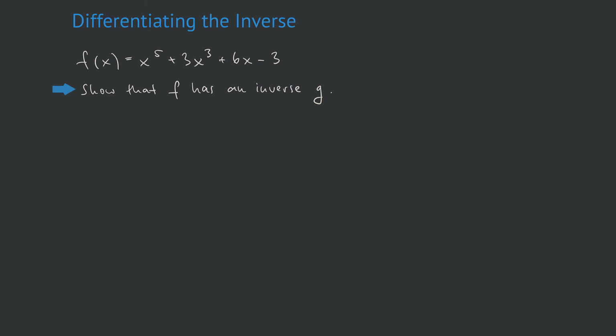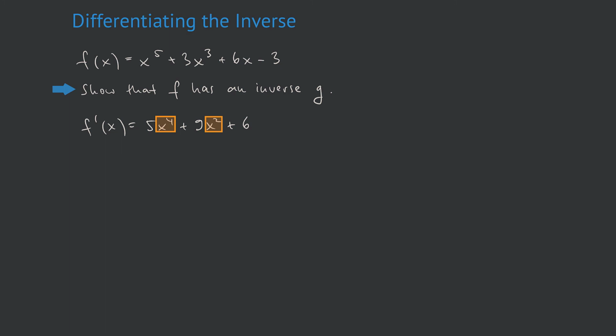So that's our first step. We calculate the derivative of f. This is f prime of x equals 5x to the power of 4 plus 9x to the power of 2 plus 6. Now because x to the power of 4 and x to the power of 2 can only take non-negative values, the complete derivative cannot be smaller than 6.